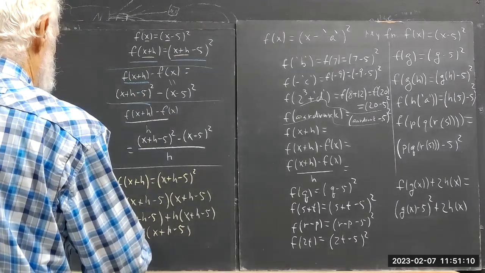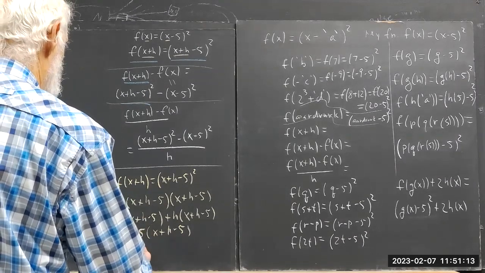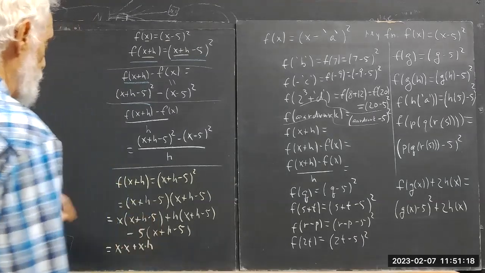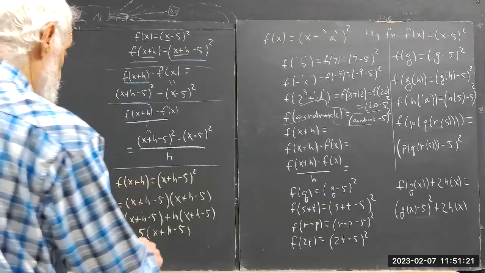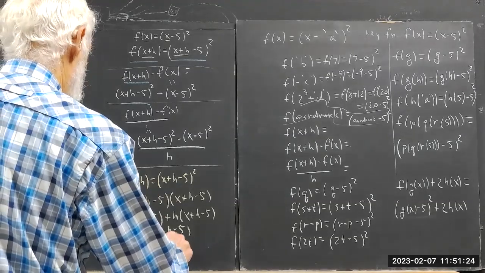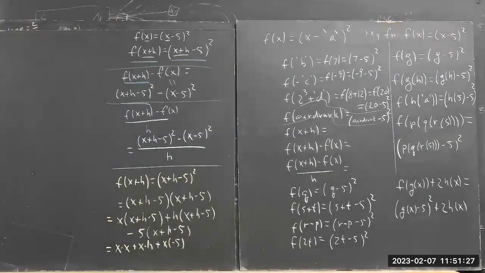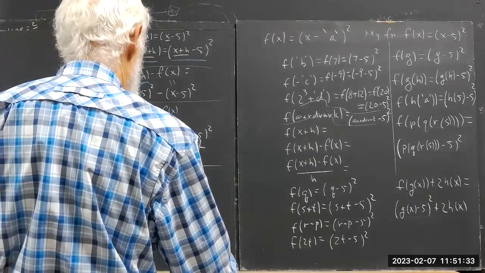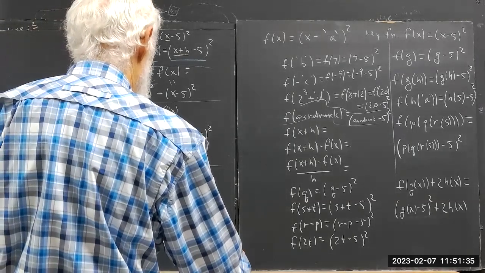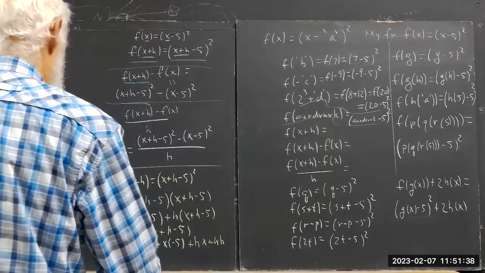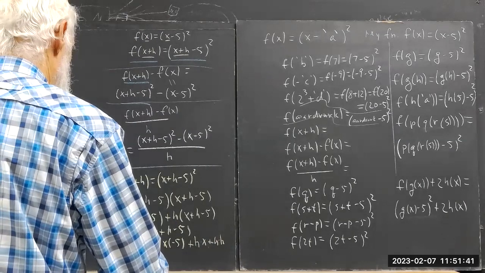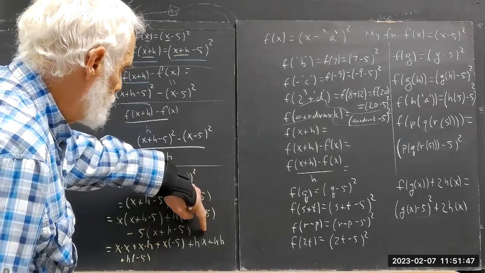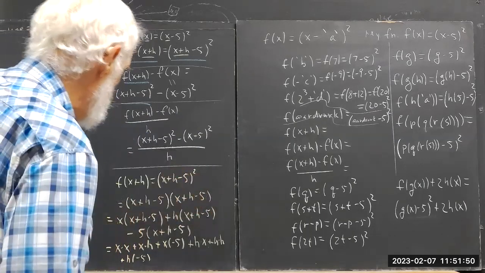Well, that's x times x, plus x times h, because x multiplies every one of these things, plus x times negative 5, plus h times x, plus h times h, and h times negative 5 here.